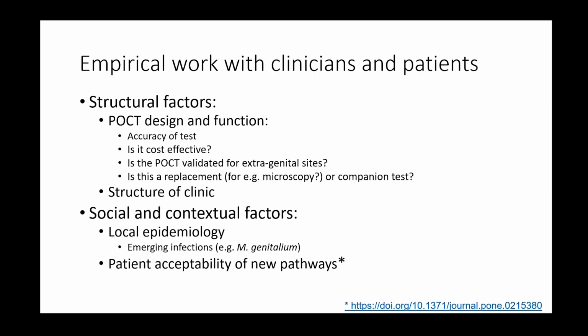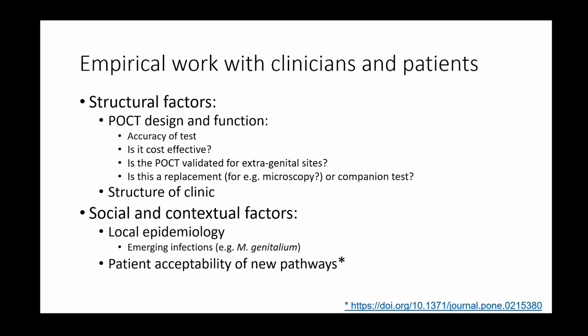Our previous empirical work with clinicians and patients showed that there were structural factors as well as social and contextual factors that were at play in understanding how and when to adopt a chlamydia gonorrhea test. And that was both around the design and function of the test, accuracy, cost effectiveness, and fitness for purpose within the clinical patient population.